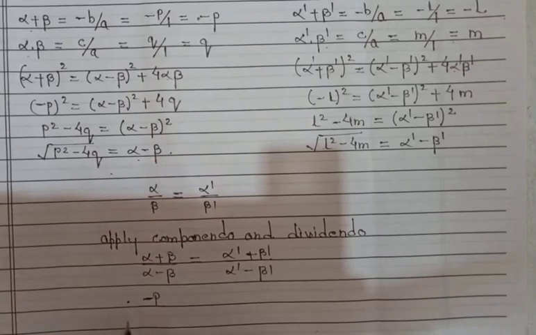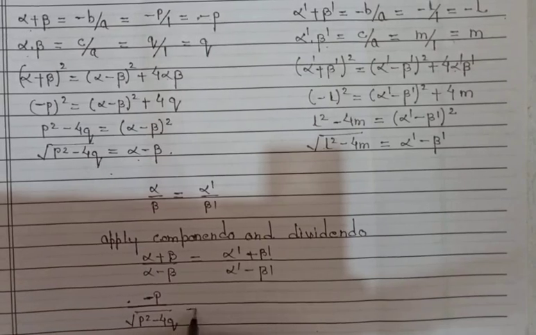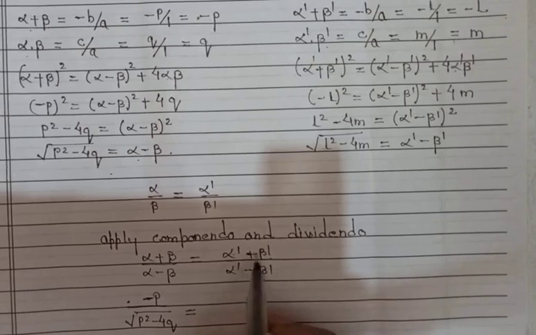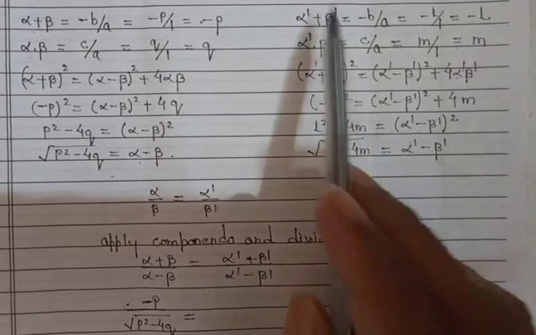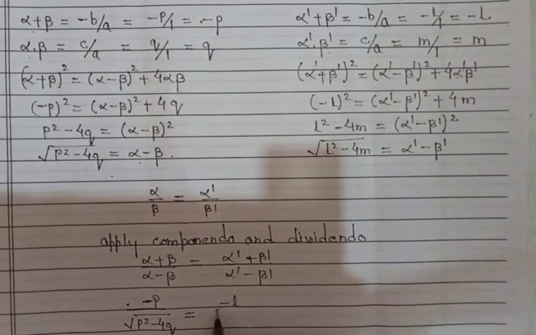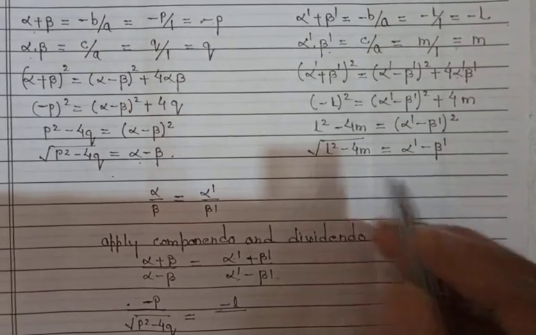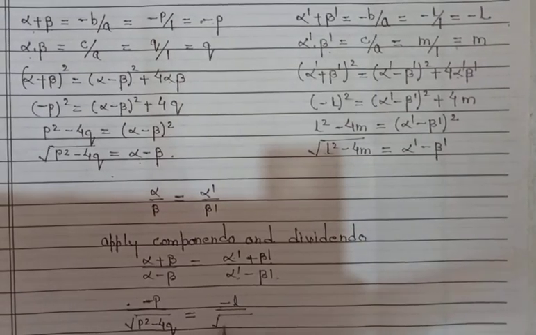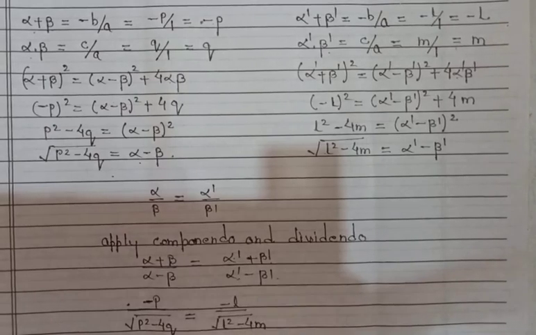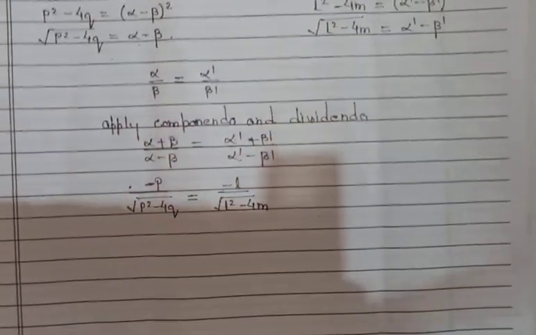Alpha minus beta is also known to us. It's root p square minus 4q, is equal to alpha dash plus beta dash, which is minus L, upon alpha dash minus beta dash. So that is root L square minus 4m.